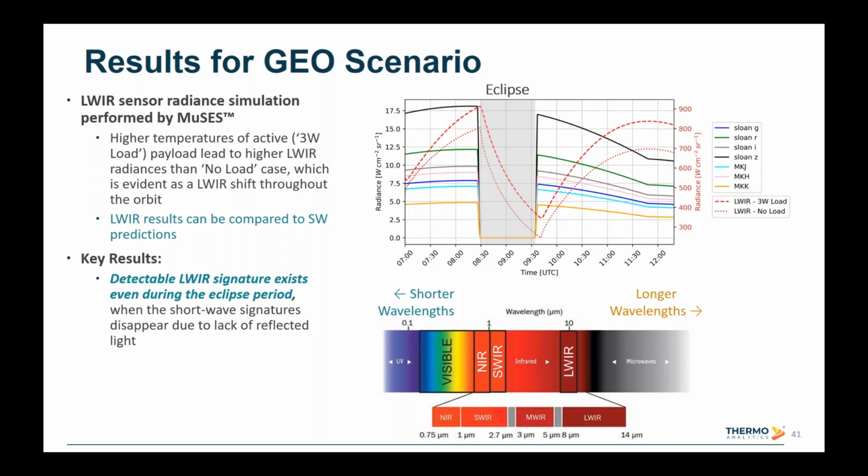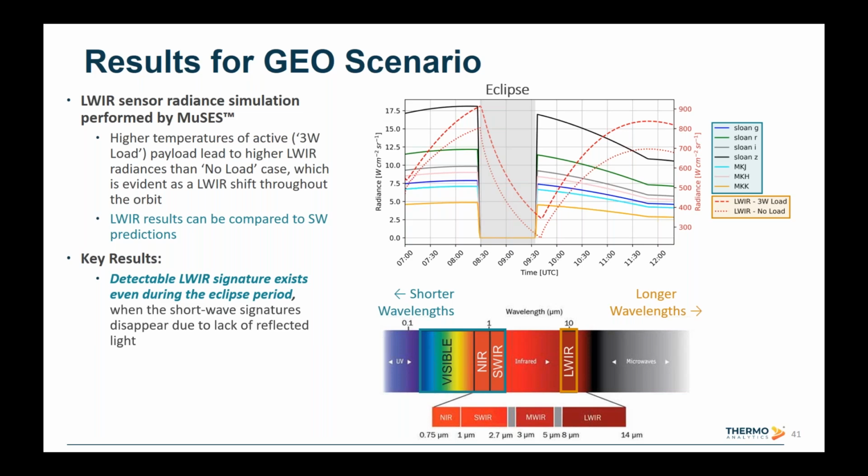Now I know there's a lot of lines here, but I'll explain. So again, this translucent gray region represents the eclipse. And we see a lot of lines here, but they fall into two different wavelength categories. So we have a whole bunch of different types of sensors being simulated.